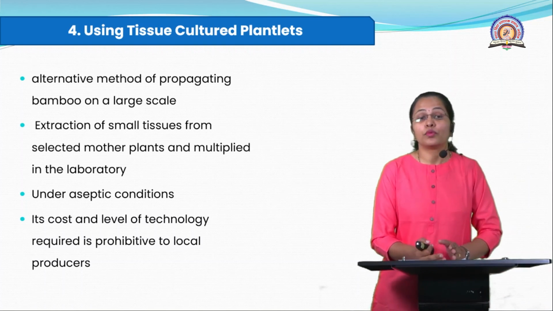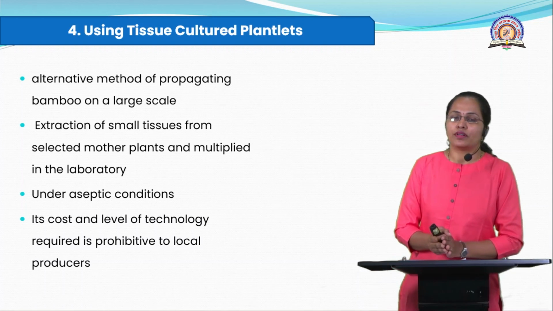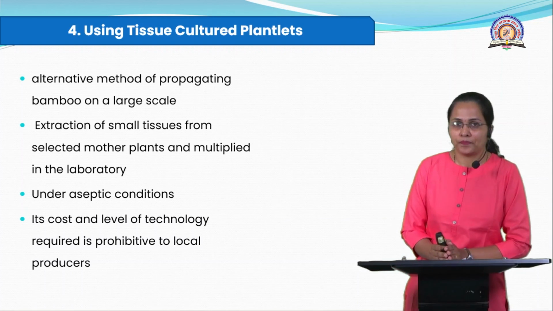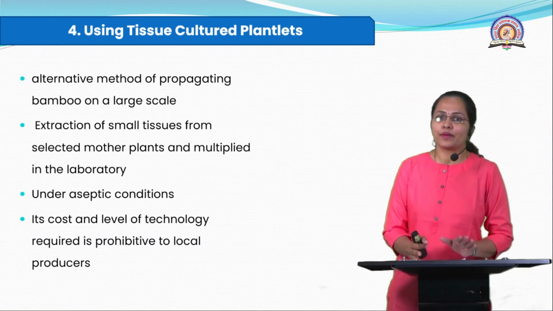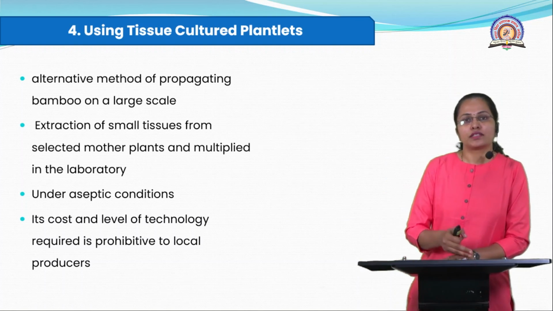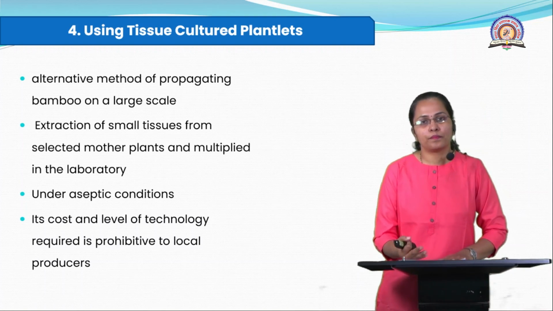But the most important drawback of this method is that its cost is very high. It requires high technology, aseptic condition, and skillful staff in order to produce a number of plantlets.